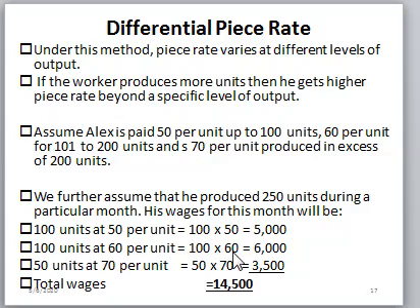So you get 100 times 60, which is 6,000. Anything that exceeds 200, the employee is paid 70. So the 50 units that exceed 200 are paid at 70, and you get 50 times 70, which is 3,500. So you get total wages of 14,500.